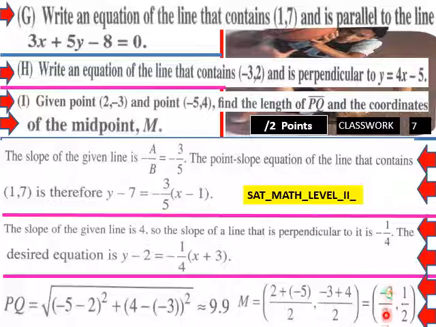We get -3 over 2 and then 1 over 2. That would be our midpoint for this line. So given points (2, -3) and (-5, 4), the length is 9.9, and the midpoint of that line is (-3/2, 1/2).